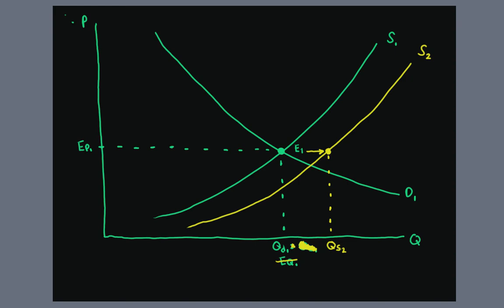And this price will get auctioned down until the point where we reach our new equilibrium, where the new supply and the old demand intersect once again at this new blue dot, the second equilibrium. And to find out how our equilibrium quantity and price has changed, we come down to the x-axis. This will give us our new equilibrium quantity. And this will give us the new equilibrium price.